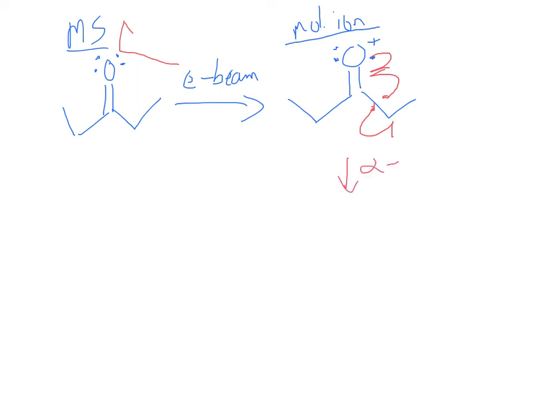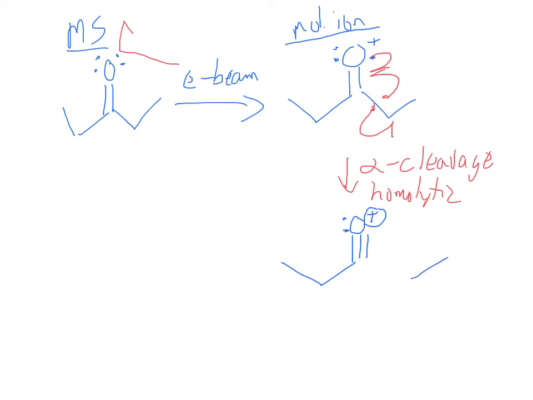This is the alpha cleavage. We're moving one electron at a time, so we call it homolytic. New pi bond, the plus charge is still there, and the other electron is here. So the part we actually see is only the positively charged fragment. That's the actual part we see in this case.